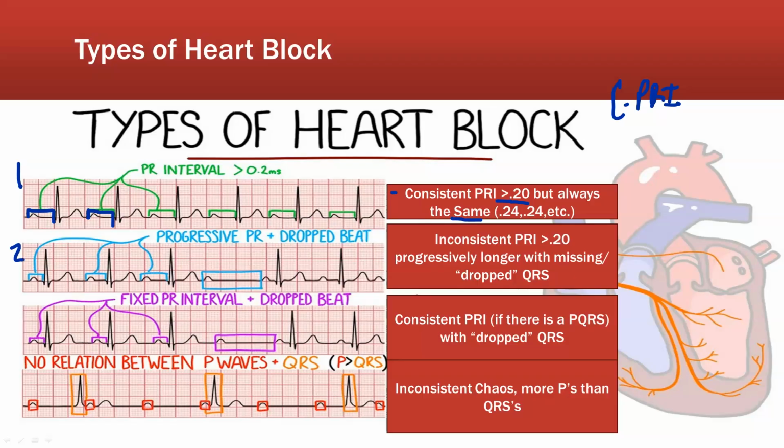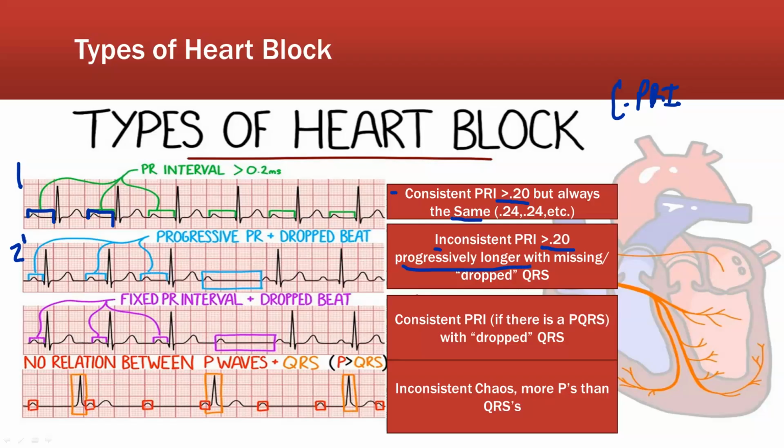This is a second degree type 1, and you may have heard the Wenckebach poem: longer, longer, drop a beat. Now you have a Wenckebach. So what we're looking for here is an inconsistent PRI. Typically, it's going to trend towards greater than 0.20, and will get progressively longer.